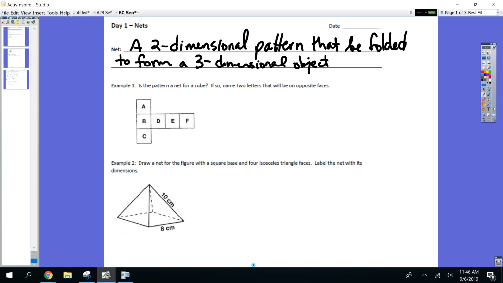So it starts out in two dimensions. I fold it, fold it, fold it up, and then all of a sudden I have a 3D figure, three-dimensional.